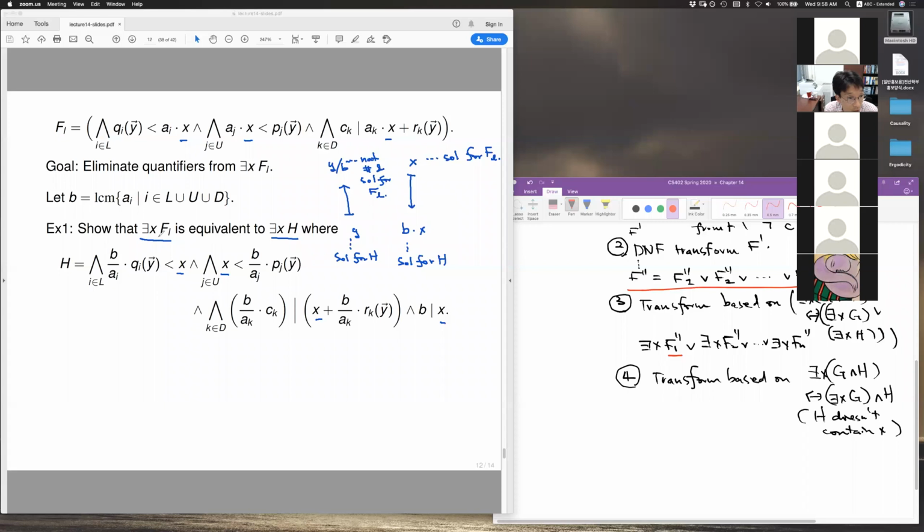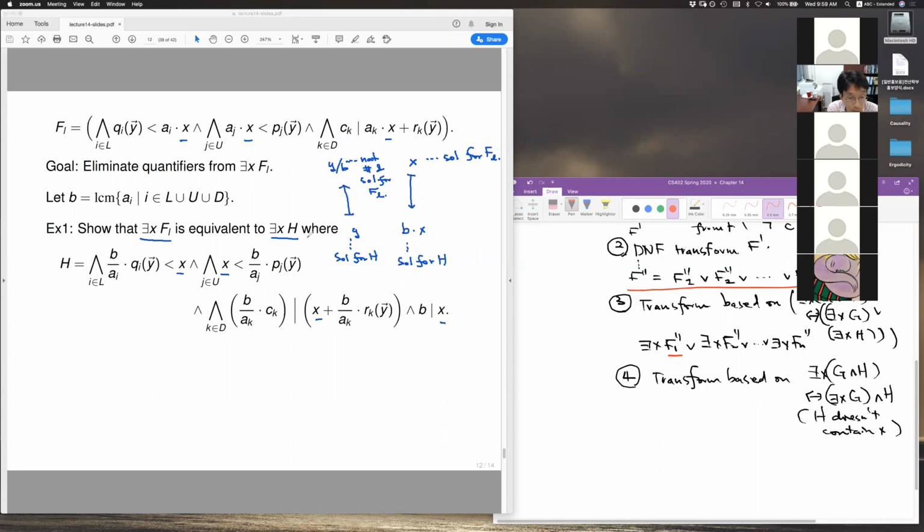This equivalence holds because exists x FL means there is a solution of FL, and exists x H means there is a solution for H. So if this transformation and the property that I told you is true, if FL has a solution, then if we just multiply by B, we end up with a solution for H. So if exists x FL is true, exists x H is going to be true.